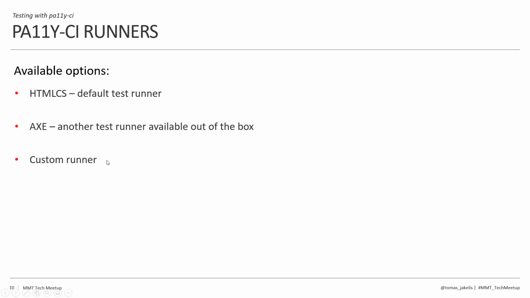Or you can have a custom runner which you can build yourself. You can use any other runner you find on the web. The choice basically is wide. So obviously you will need to follow the config and setup to get it running.